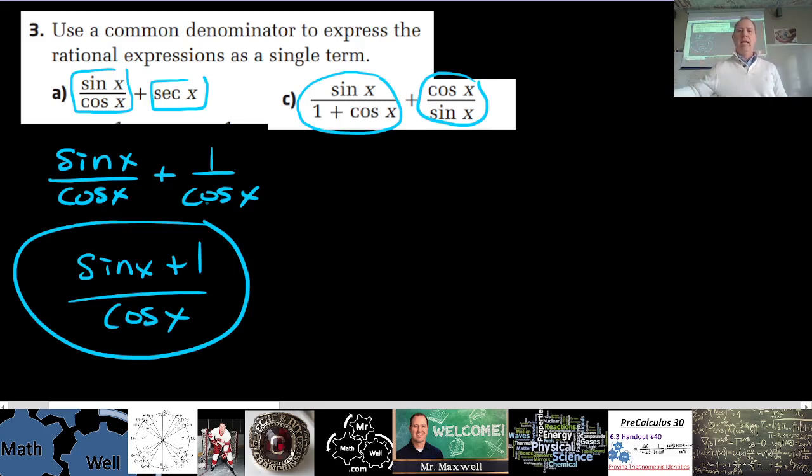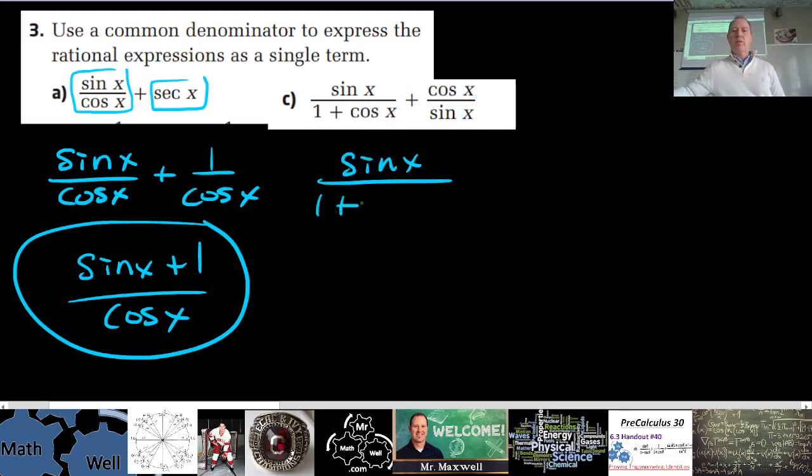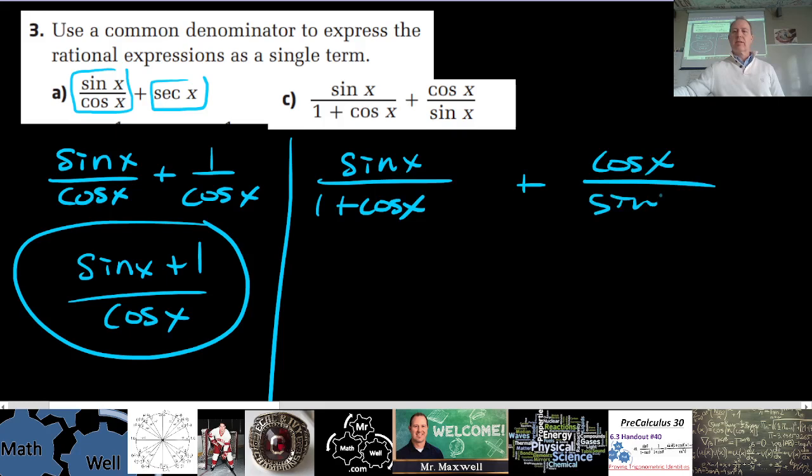All right. The second one here might be a little more challenging, right? This is c. And to get a common denominator here, it looks like we're going to have to multiply both of these terms by the denominator in the other term. So this is sine x over 1 plus cos x, and this is cos x over sine x.